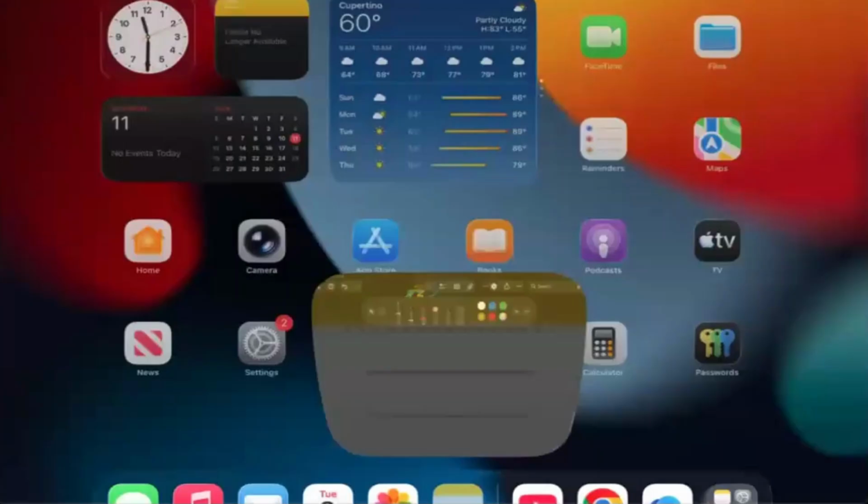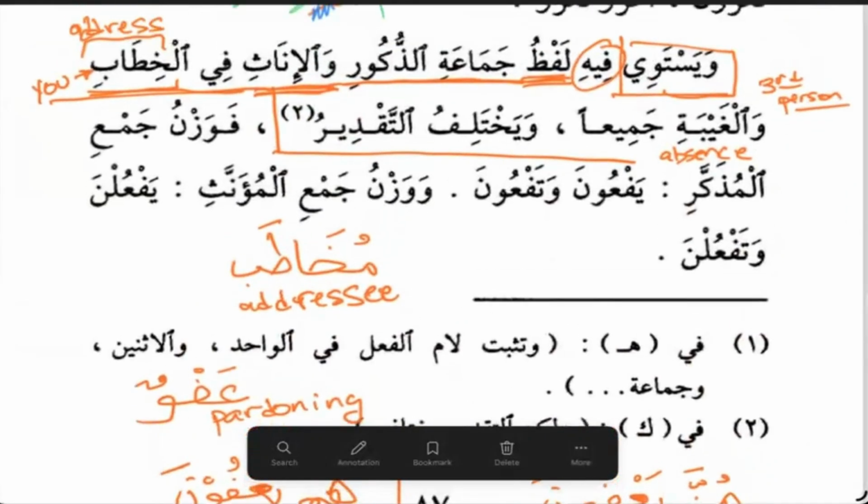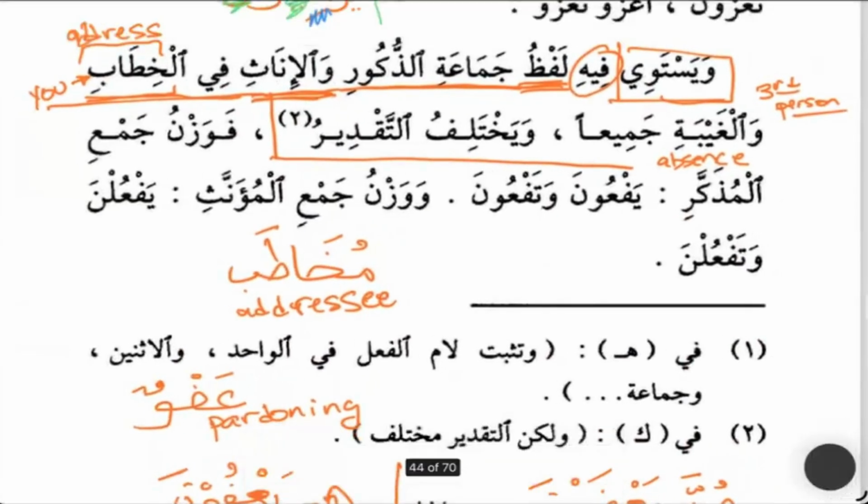So back to the text here. So here, we explained everything he said. وَيَسْتَوِي فِيهِ لَفْظُ جَمَاعَةِ الذُّكُورِ وَالْإِنَاثِ. Equal in this is the wording of the plural of males and females, in address and in absence, both or all. ويختلف التقدير.